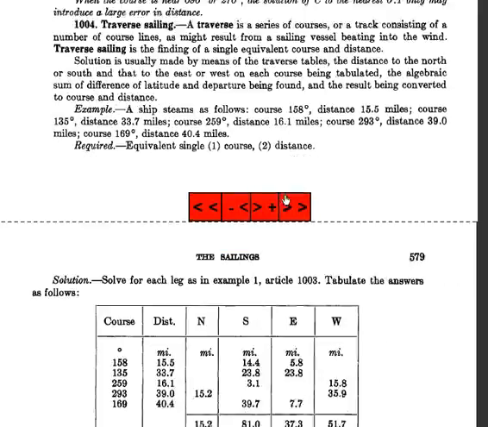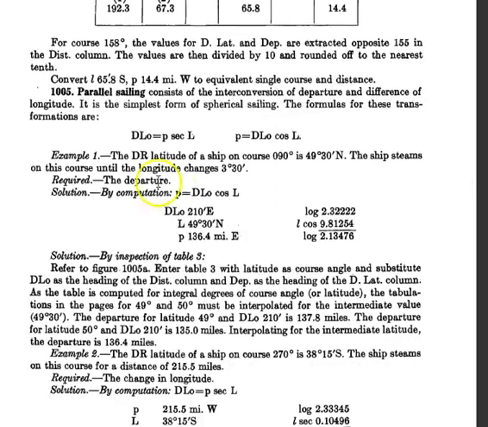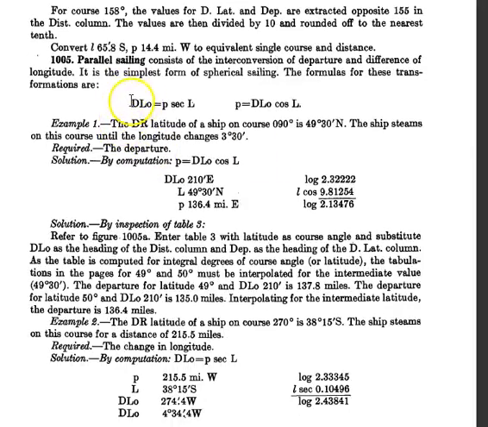Now, we can skip over the next page, parallel sailing. This is the next sailing we're going to be doing. Now, there's this formula right here. It looks like there's two formulas here, but it's really only one formula. Do you see this formula here?